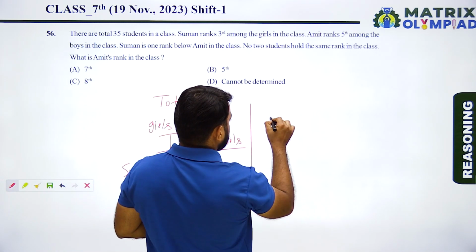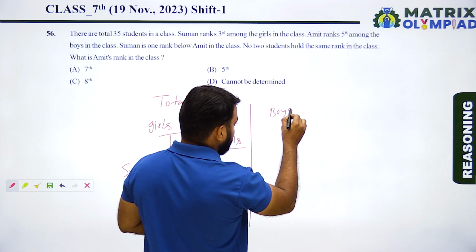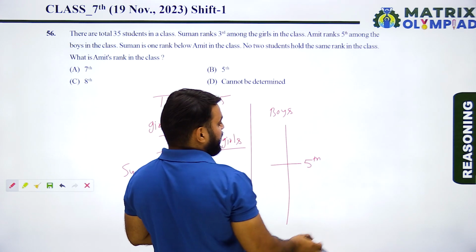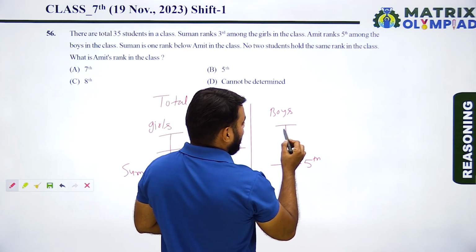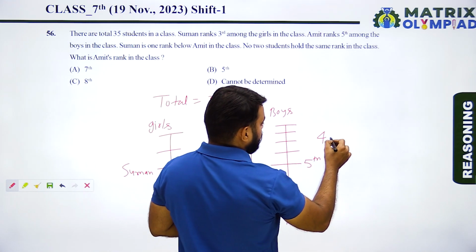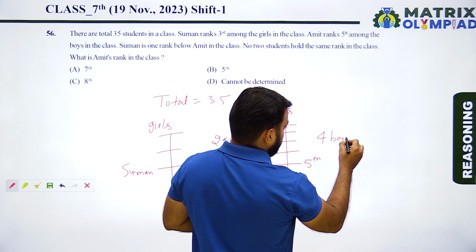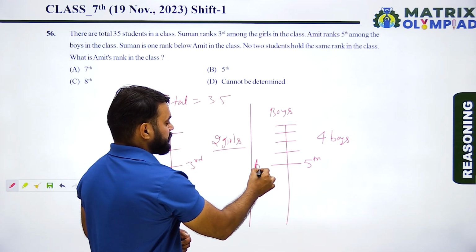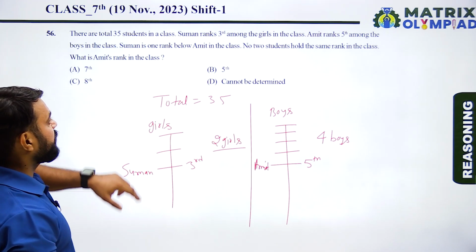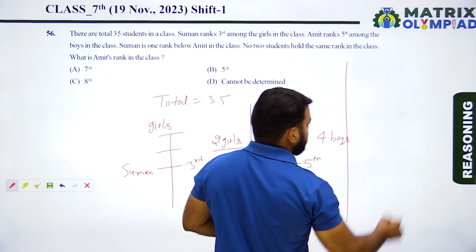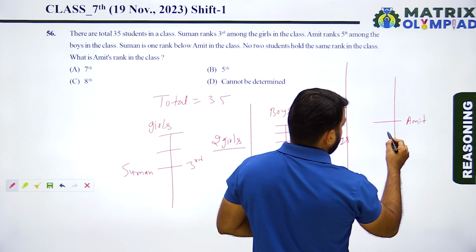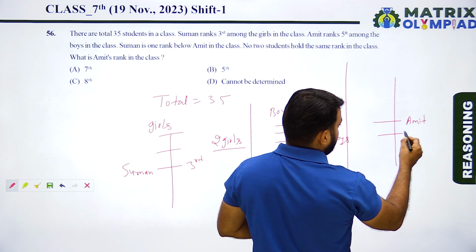And in the boys, Amit's rank is 5th. So 1, 2, 3, 4, 4 students are ahead of Amit. Now Suman is 1 rank below Amit. So in the class, here is Amit and 1 rank below Amit, here is Suman.